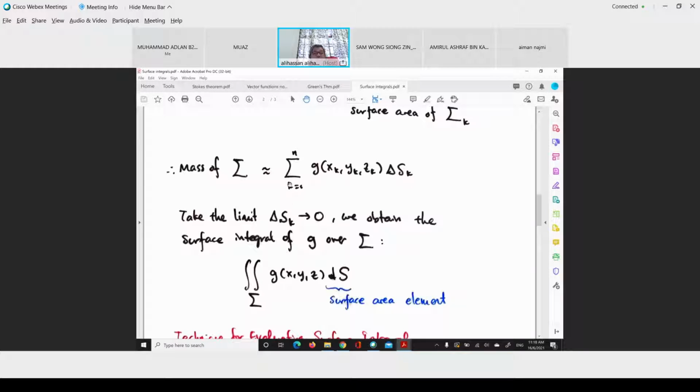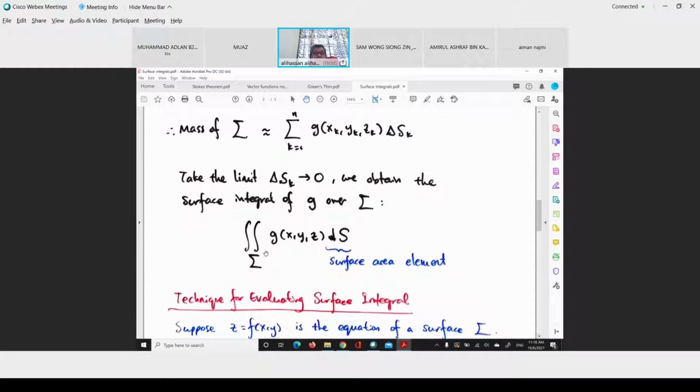As n tends to infinity, of course, the partitions of the surface sigma k get smaller and smaller, so the surface area of the partitions tends to 0. If the limit exists, then we define the mass of the surface sigma equal to this double integral over the surface sigma of g dS. Capital S is the surface area element here.